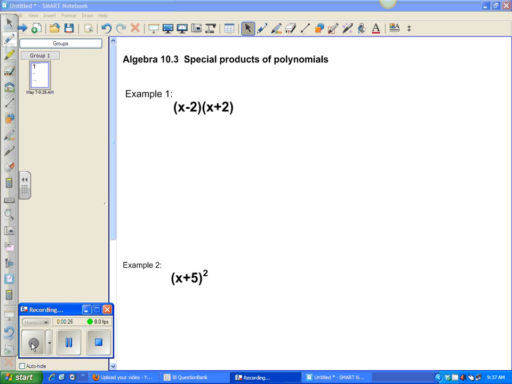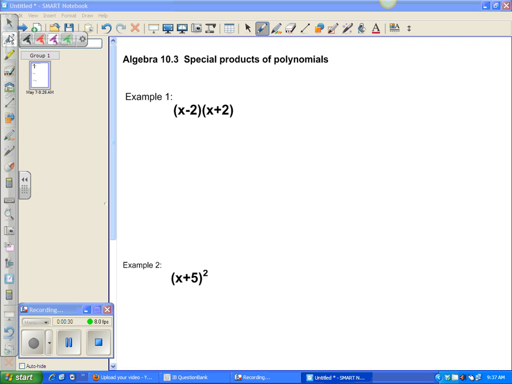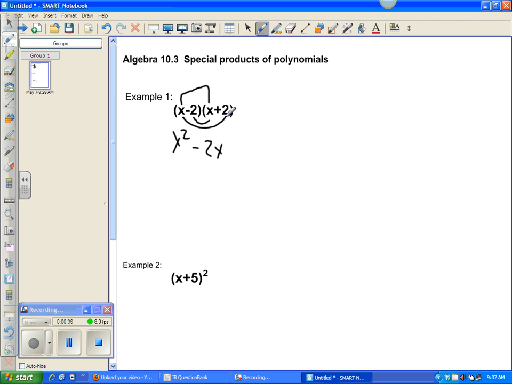If we were to do FOIL on this, we'd have, oops, I'm dragging the wrong thing. I've got to go here, get a pen. I'm going to do FOIL, which gives me x squared, negative 2x plus 2x, and it's negative 4. So if you look at the middle numbers, these cancel out because it becomes 0 and gives you x squared minus 4.